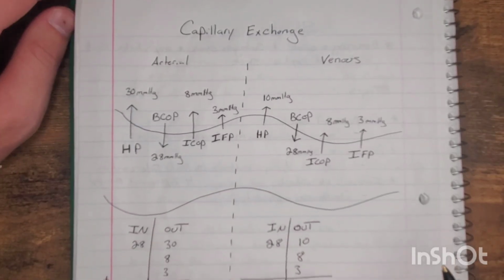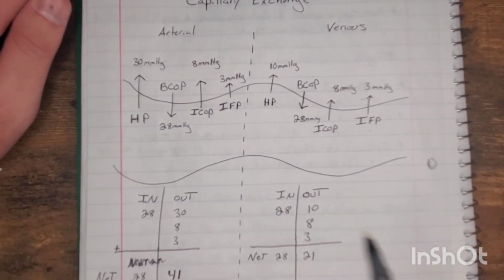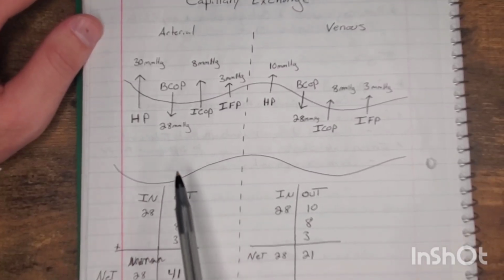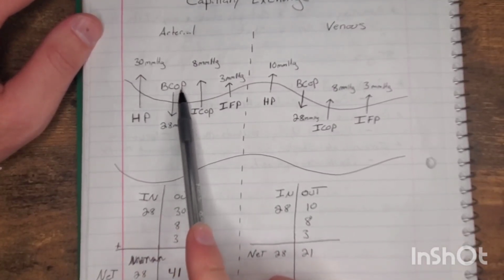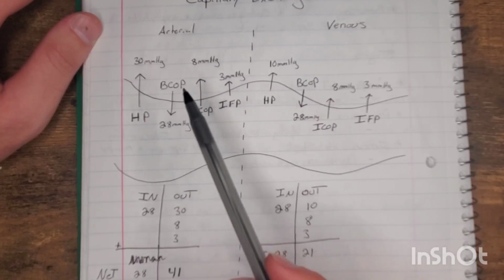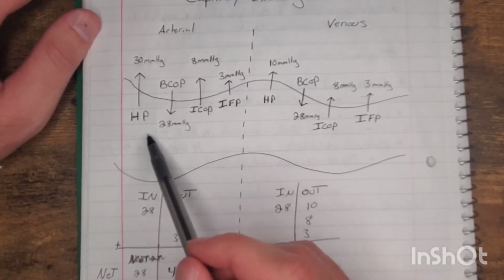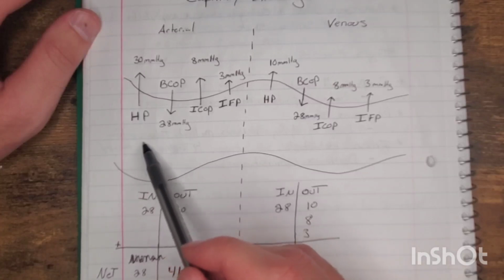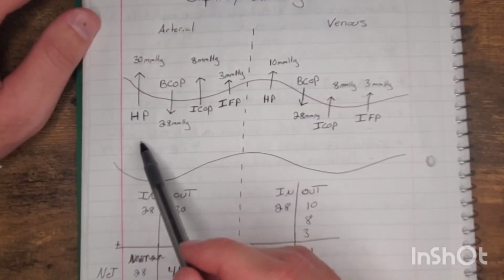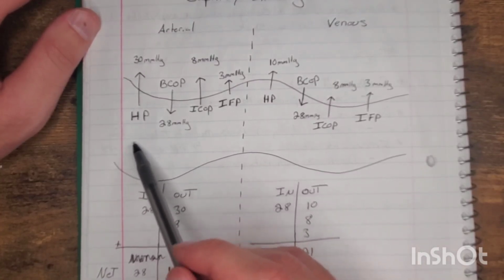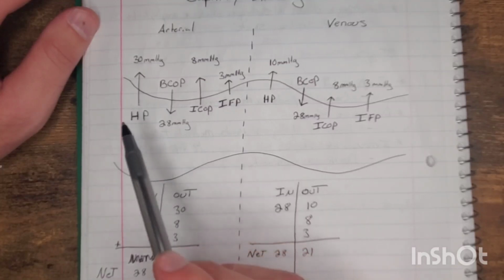We're going to say it's going out, so we have 30 going out. And then this is our BCOP, our blood colloid osmotic pressure. In our blood, we have molecules, but the main one we're talking about is albumin. Albumin is going to be responsible for maintaining our osmolarity in our blood.